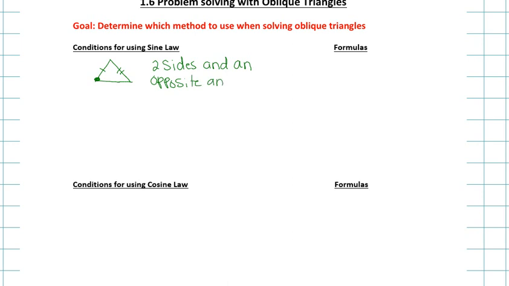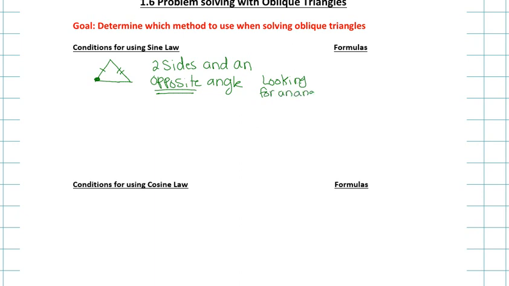It's very important that it's an opposite angle. So I have two sides and an opposite angle, and I'm looking for a side, looking for an angle.